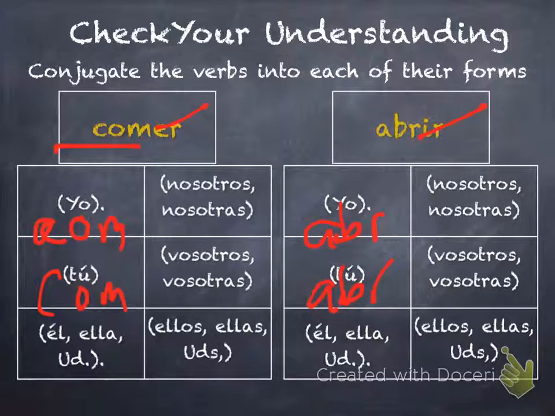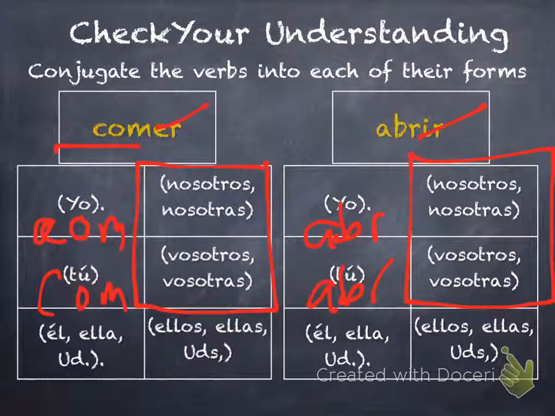Now step 2, which is the more difficult part, is to remember the endings that go onto these based on the subjects. And remember that for ER and IR, there's just going to be 2 boxes that are going to be different. The rest of them are going to be the same on either side.